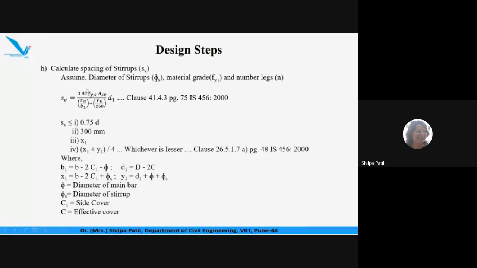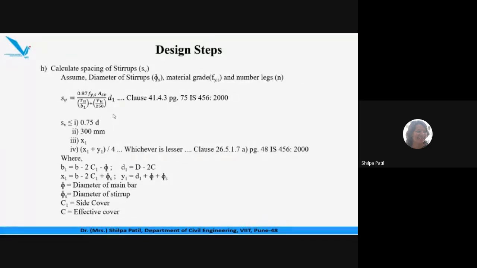So this is the formula used to calculate the spacing between the stirrups. Here in this formula, again, we have to take care of the impact of torsional moment acting on a beam. So the formula for spacing of stirrups is also a little different from what we have used for the design of beams which are subjected only to bending moment and shear force.